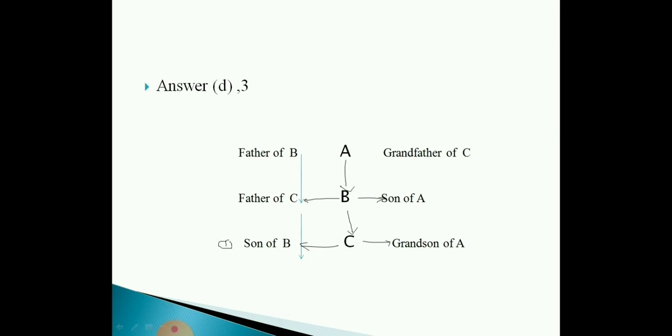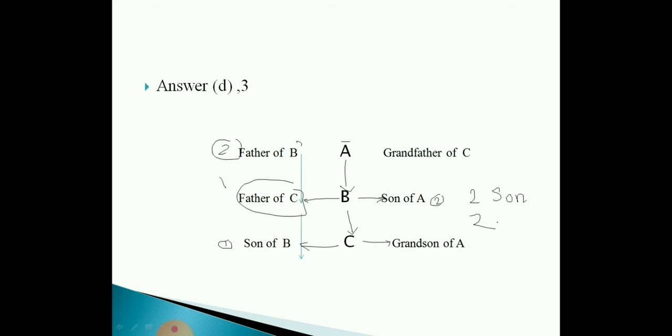So here I need 2 sons. The son of B is C and the son of A is B, so I got 2 sons. Then I need 2 fathers. The father of C is B and the father of B is A, so I got 2 fathers.